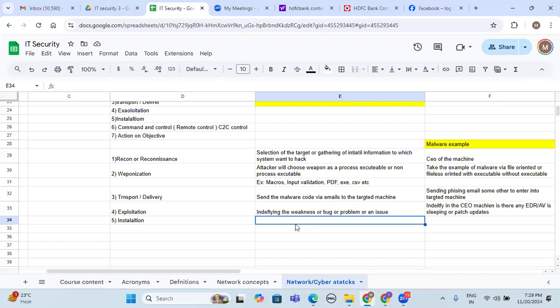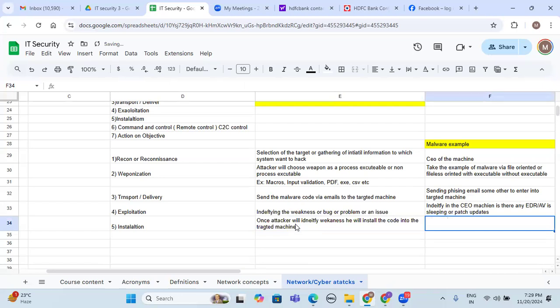Installation. Once the attacker identifies a weakness, he will install the code into the targeted machine. I know about the weakness in your home, then I can enter into your house.